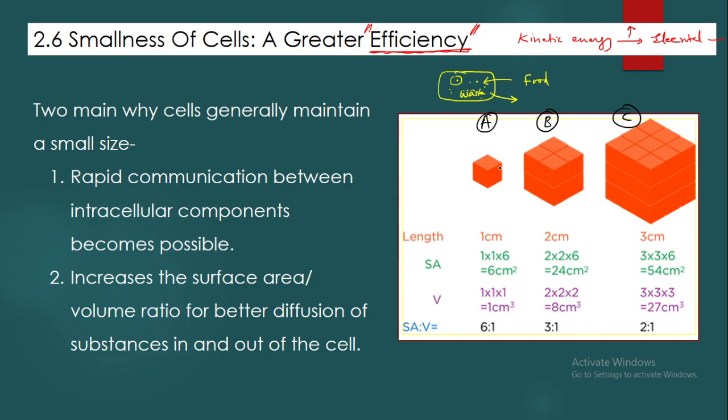Whether A is going to have more surface area or C is going to have more surface area? C. Definitely C is a very large cell. Elephant has more surface area or ant has more surface area? Elephant. Elephant has a more surface area.